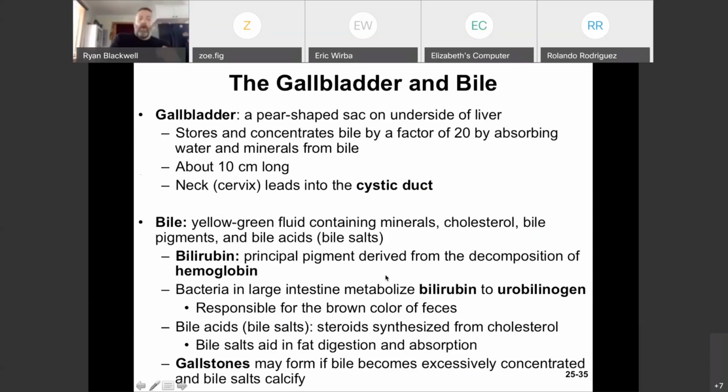So bile. What is bile made of? What it comes down to is this. The only way that our body can get rid of extra cholesterol is by secreting it as bile. So bile is basically a combination of cholesterol and hemoglobin breakdown byproducts, right? This is all described in my slide 35.